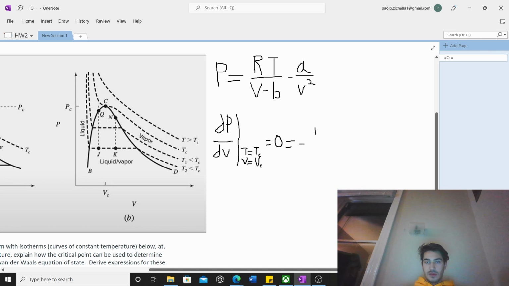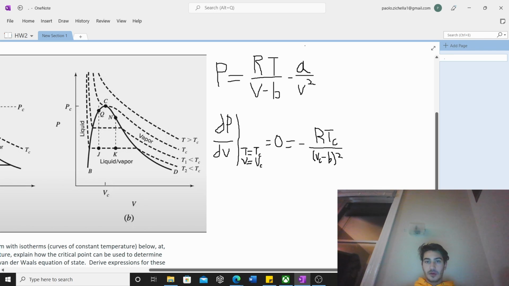negative R times the temperature at the critical point, all over the volume at the critical point minus B, all squared, because we are taking the derivative.